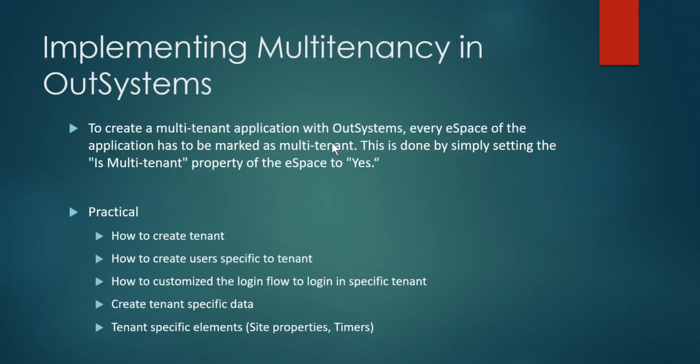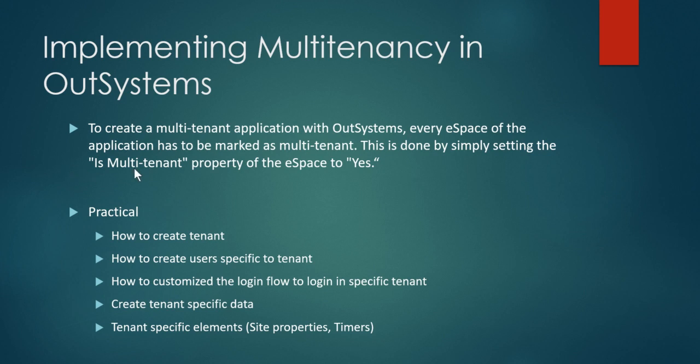Okay. Now we understood what is multi-tenancy and why multi-tenancy. Now the next thing is how we can implement multi-tenancy. The how part is very important. In OutSystems, if you want to create a multi-tenant application, every e-space of the application has to be marked as multi-tenant.